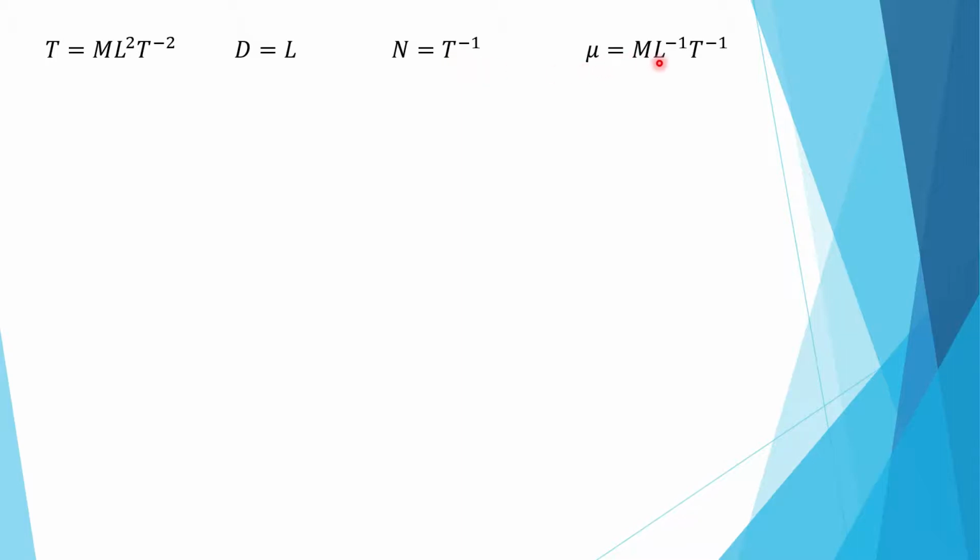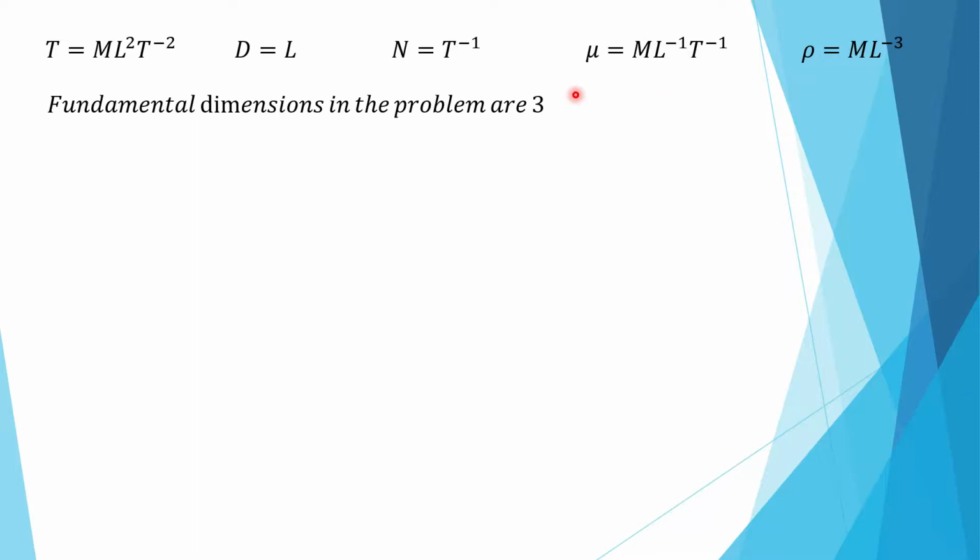Dynamic viscosity is M L power minus 1 T power minus 1. And density, mass by volume, is M L power minus 3. So we can say there are 3 fundamental dimensions M, L and T. So the value of m is equal to 3.